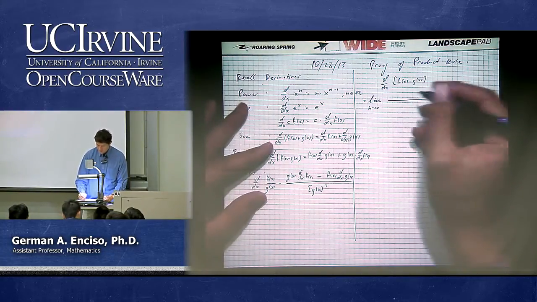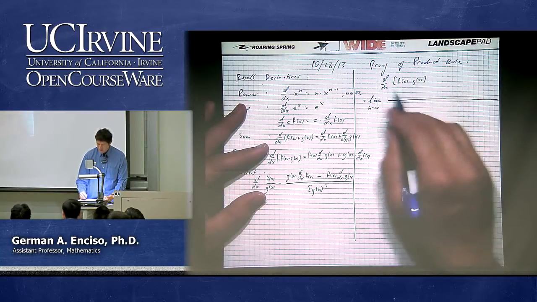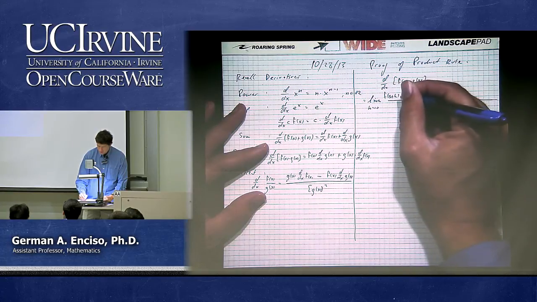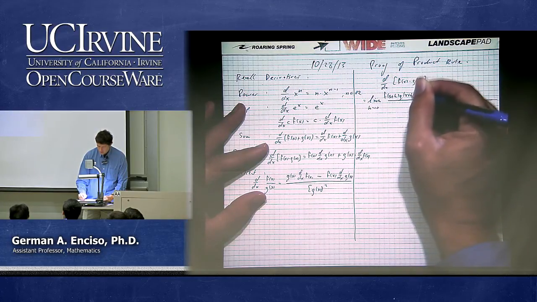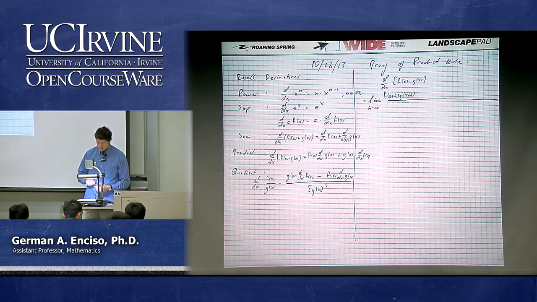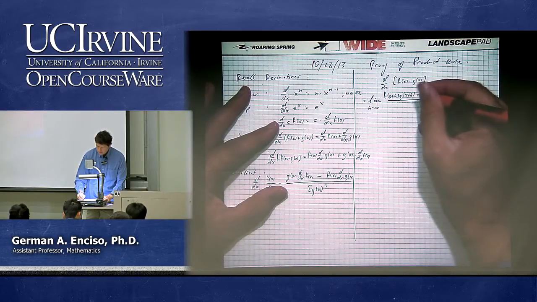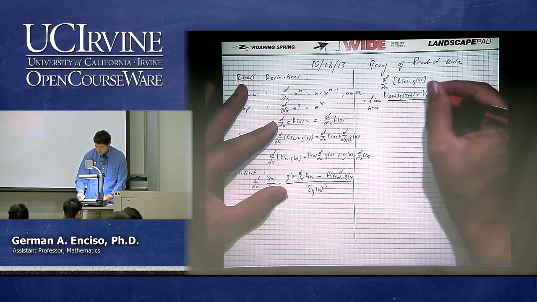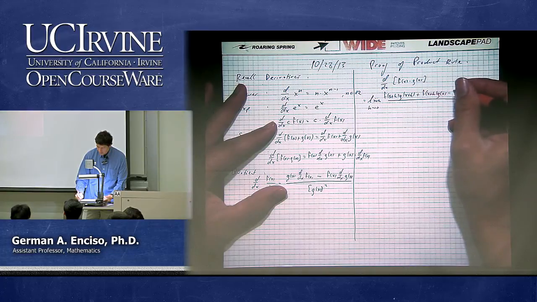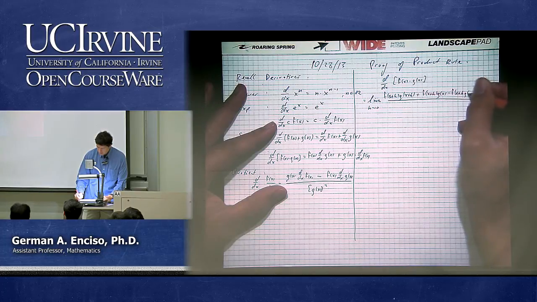And that quotient is the function evaluated at x plus h, so f of x plus h, g of x plus h, minus f of x, g of x. But I'm going to do a trick. I'm going to add and subtract the same thing. I'm going to add and subtract f of x plus h, g of x, that's a g, minus f of x plus h, g of x.